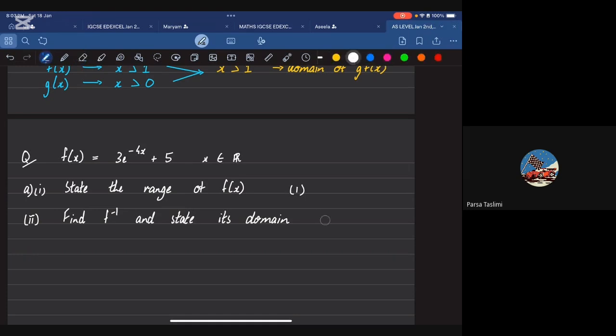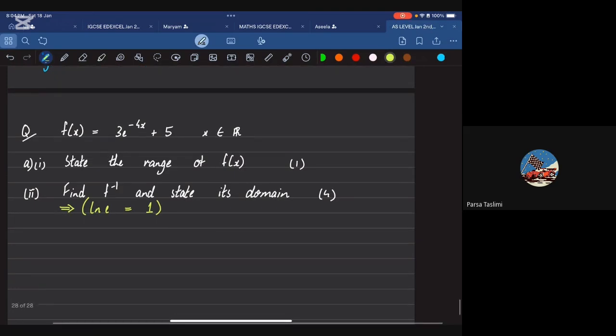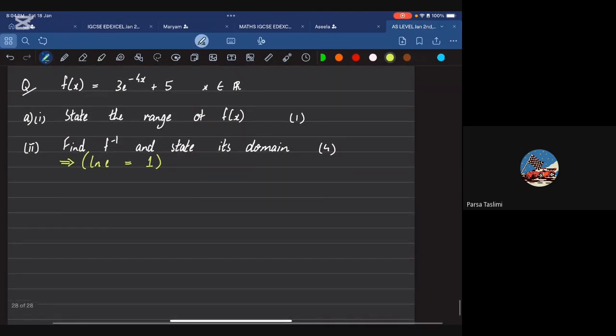Now, a hint I'll give you is that log of e, log of the exponent, is equal to 1. All right. So if you can try and solve this, I know you guys haven't done logarithms yet, but if you don't solve it, it's not an issue, okay? All right, but do try it.